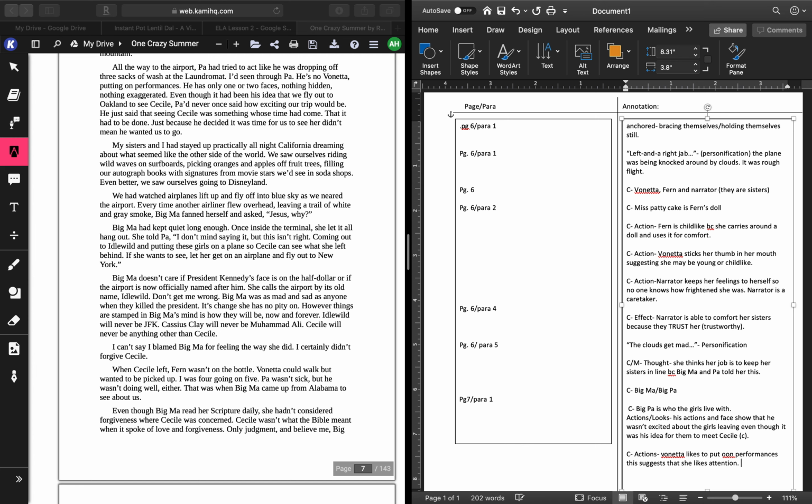People who put on performances and plays, they enjoy being in the spotlight, right? So this suggests that Vonetta enjoys being in the spotlight. So let's keep reading, and then you guys are going to take over and you are going to read and do some annotations. I'm going to finish this page.